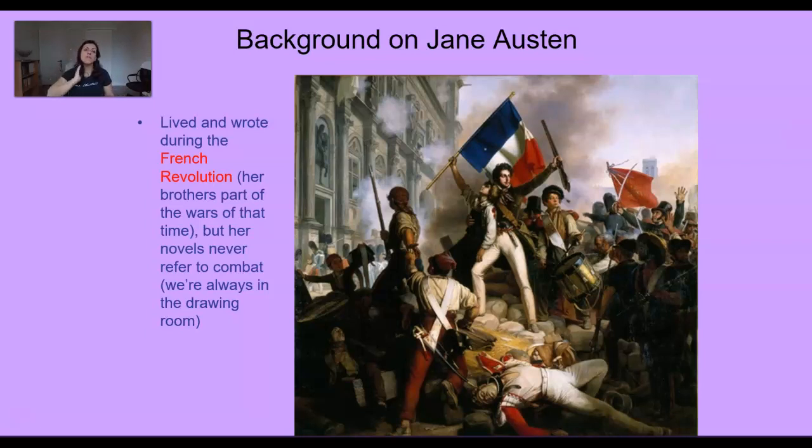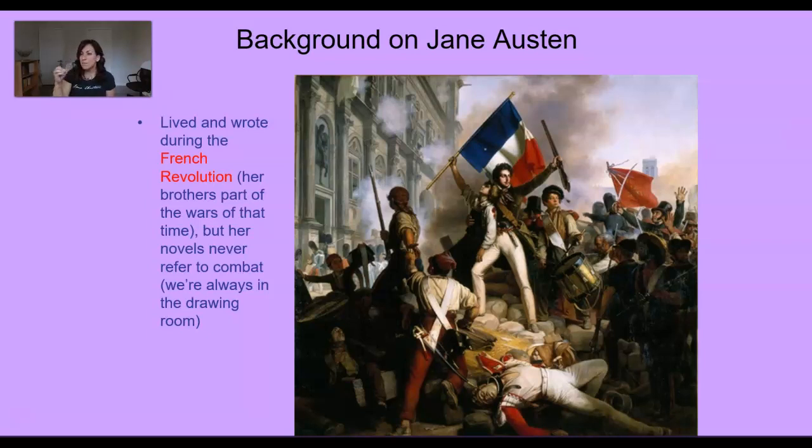And unfortunately, the French Revolution spread for so many years, and it went from this honorable notion of fighting for liberty and ending tyranny, and soon it became kind of like a reign of terror where anybody who was associated with the king or queen, or with aristocracy or with the nobility, a lot of times they were put to the guillotine. So it's not like this positive time period, especially for Jane Austen.